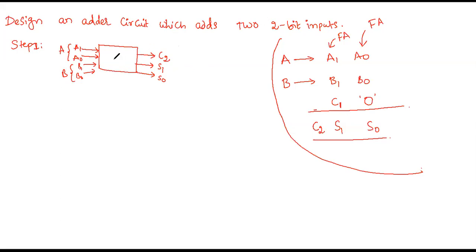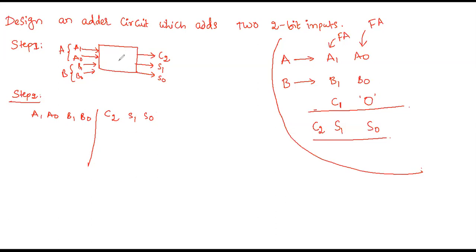Now, in step 2, defining the truth table, we have inputs A1, A0, B1, B0, and outputs C2, S1, S0.